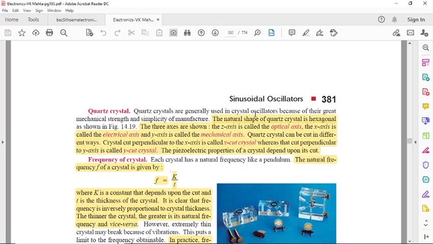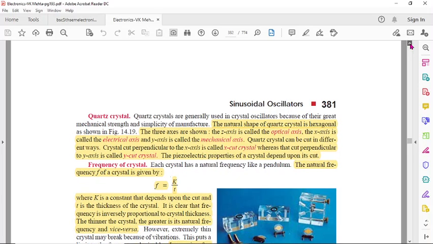The crystal cut perpendicular to the x-axis is called x-cut crystal, whereas that cut perpendicular to the y-axis is called y-cut crystal. And the piezoelectric properties of a crystal depend upon its cut.